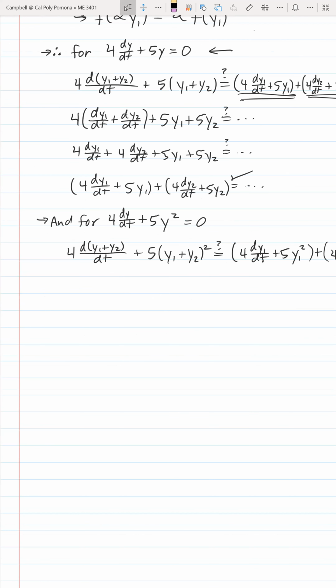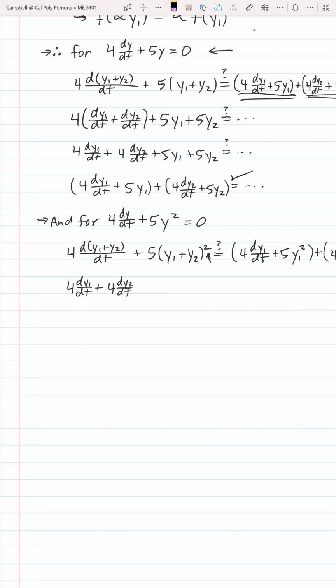And so, I mean, kind of looking good so far. Of course, the first one is going to break into 4 dy1/dt, just like it did up above, plus 4 dy2/dt. And so everything's looking good until we realize, wait. When we square something with parentheses around it, what do we have to do?